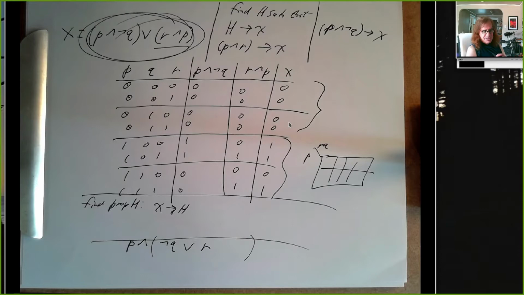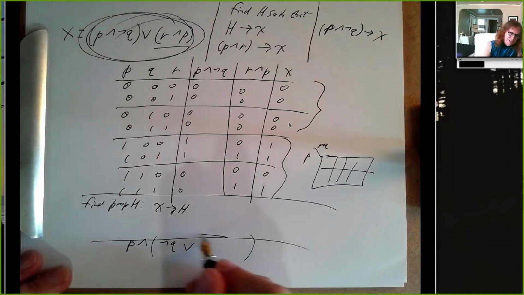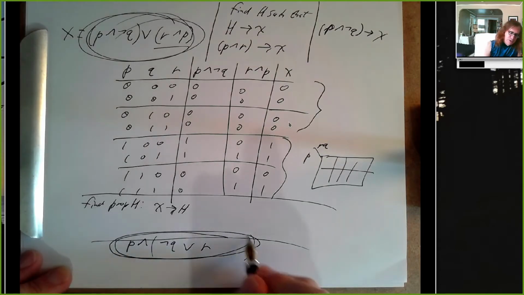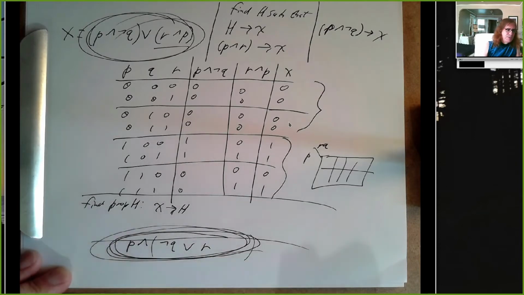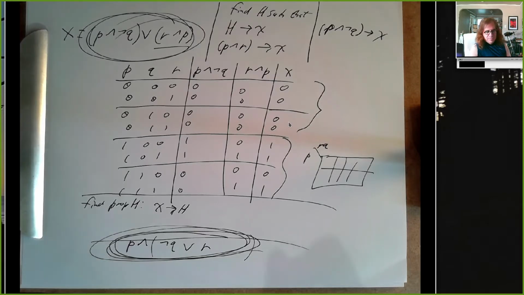And here's an idea, since we know that X is equivalent to this, suppose we know that this statement is true, what else can we say is absolutely true? This is one of these page 58, 59 things too.